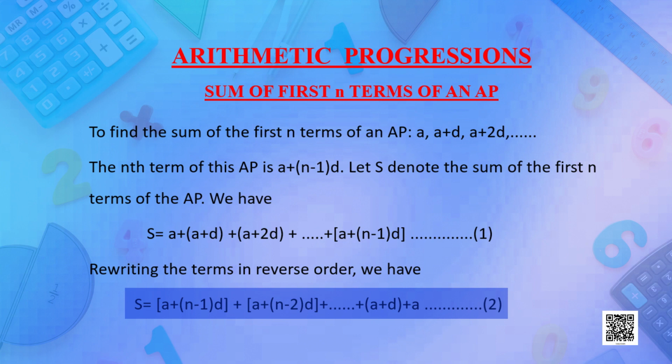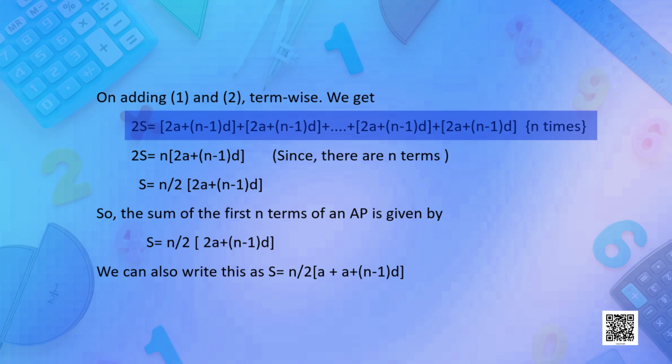Now, on adding these equations, we get 2S is equal to (2a plus (n minus 1) into d) plus (2a plus (n minus 1) into d) and so on, plus (2a plus (n minus 1) into d), n times.